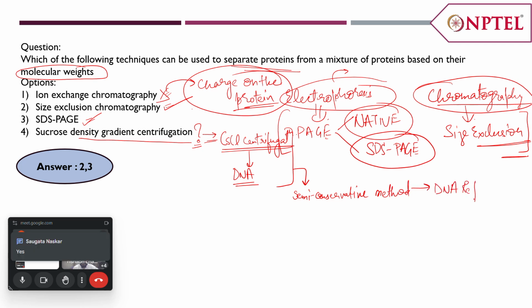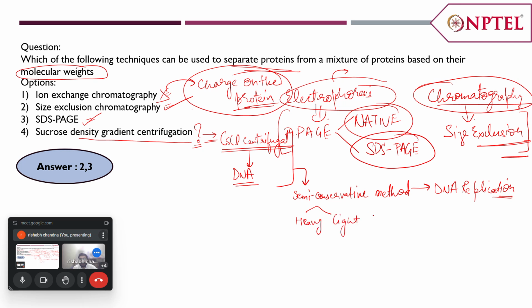So, how was it deduced? Using the heavy and the light nitrogens, N15 and N14 were used in that case. The authors Meselson and Stahl used these isotopes of nitrogen, and they separated the heavy and the light band of nitrogen using cesium chloride density gradient centrifugation.